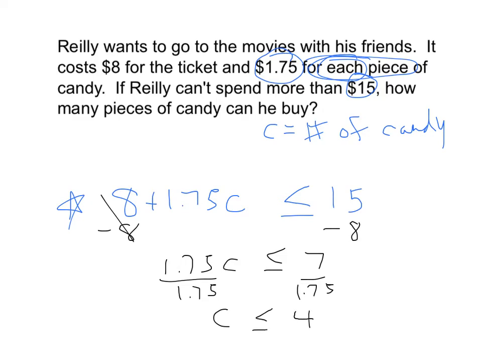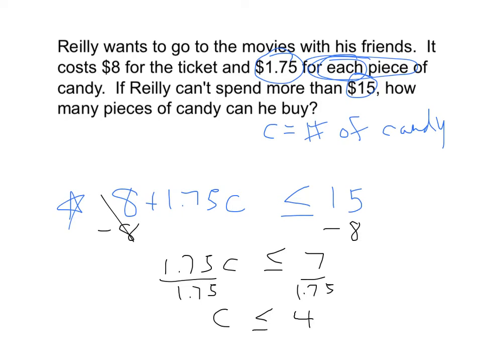Now at this point, you would go ahead and write out the sentence telling me what that means. So for this situation, we said that C was the number of candy, so you'll write that in a complete sentence. You'll write something to the fact of Riley can buy 4 pieces of candy or less.